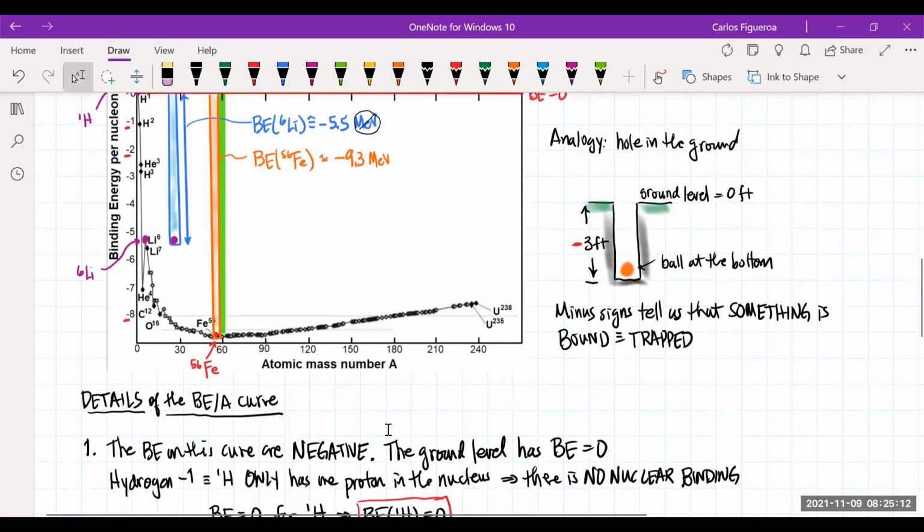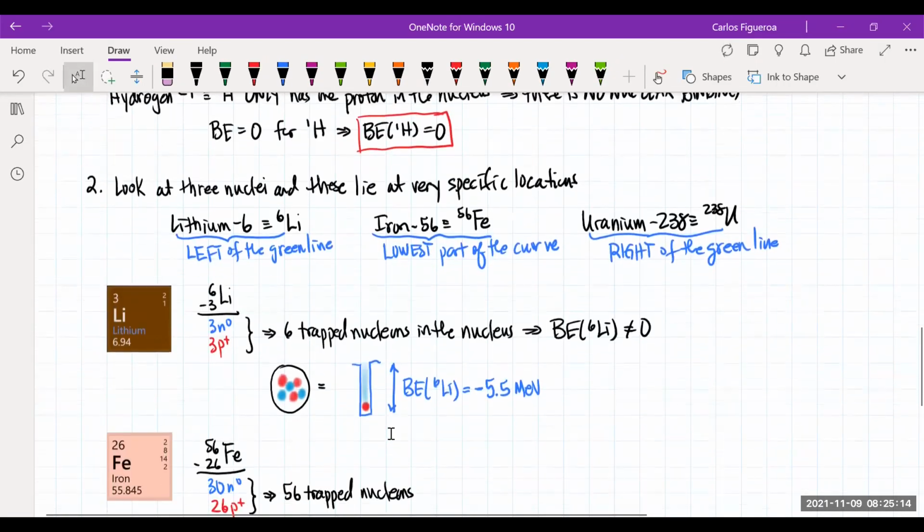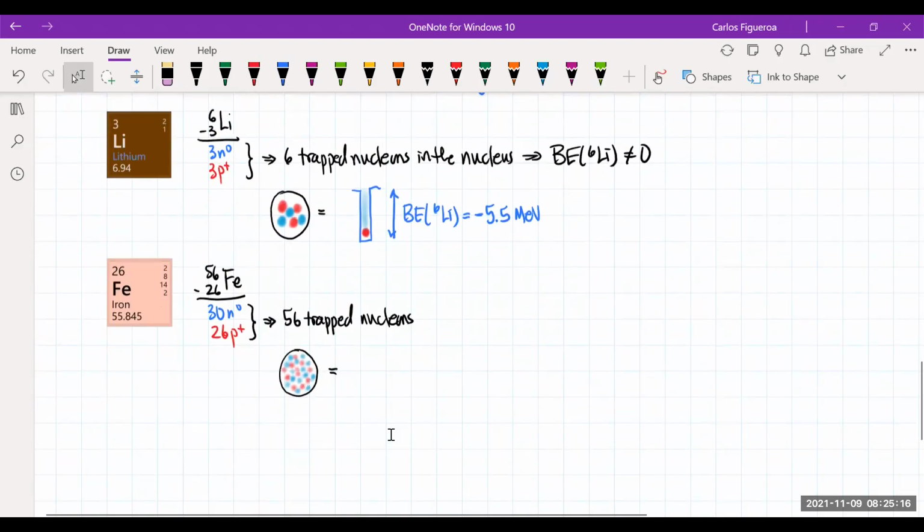Well, if I look at this thing here and I compare the well, so this guy is not very deep for lithium because it's only 2 squares, but this guy is at least twice the depth. So you could say that this lithium binding energy from here to here is twice as deep.